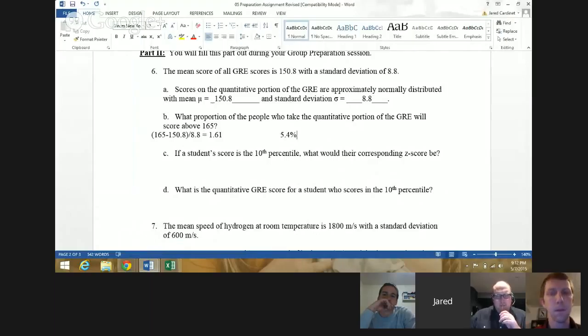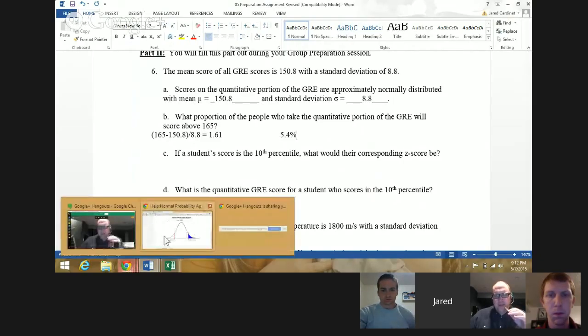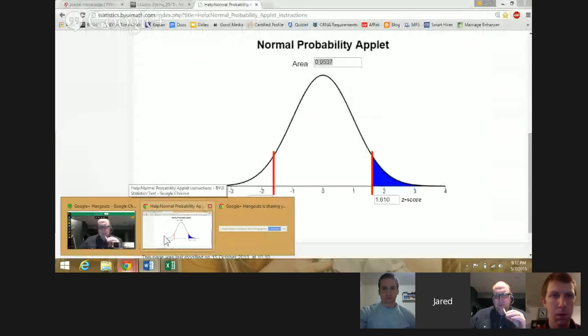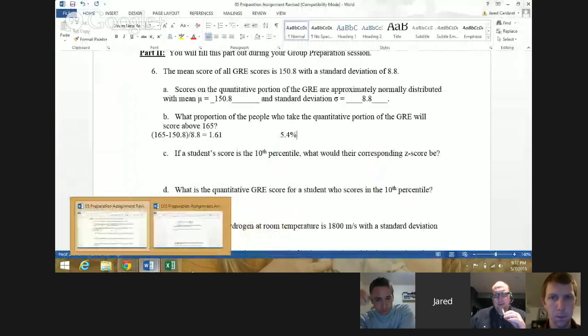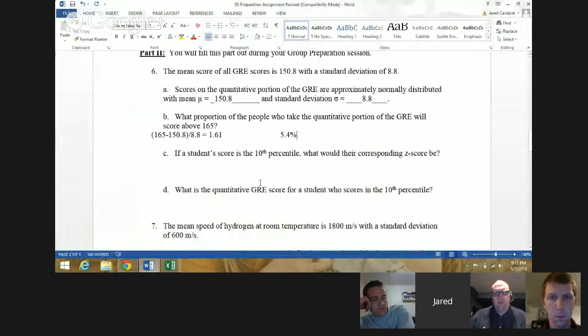The answer given was 0.0533. Yeah, the tool gives 0.0527, but it's just a rounding difference.